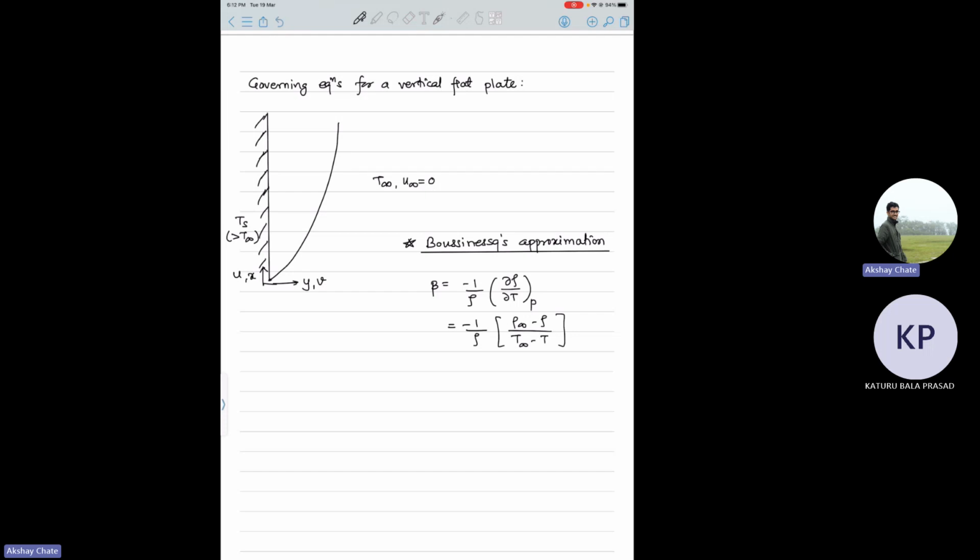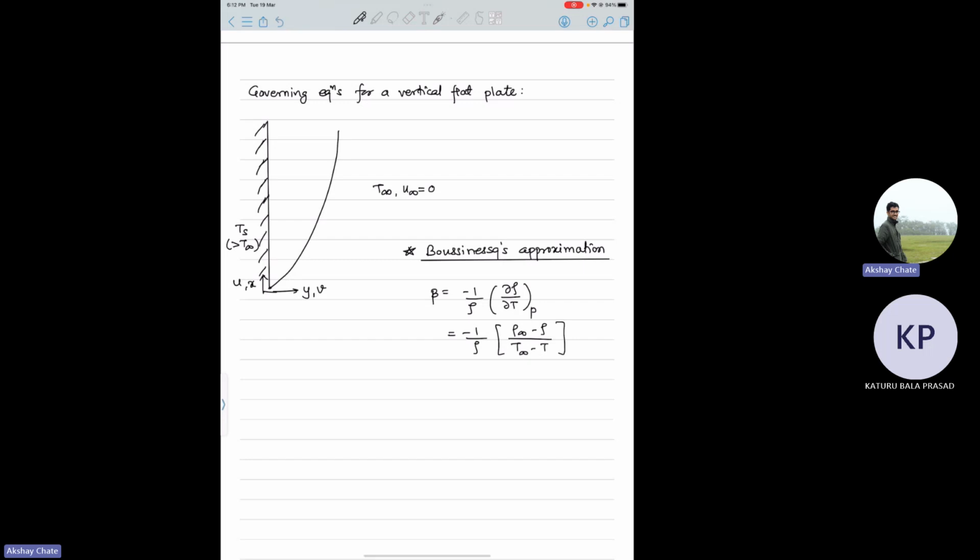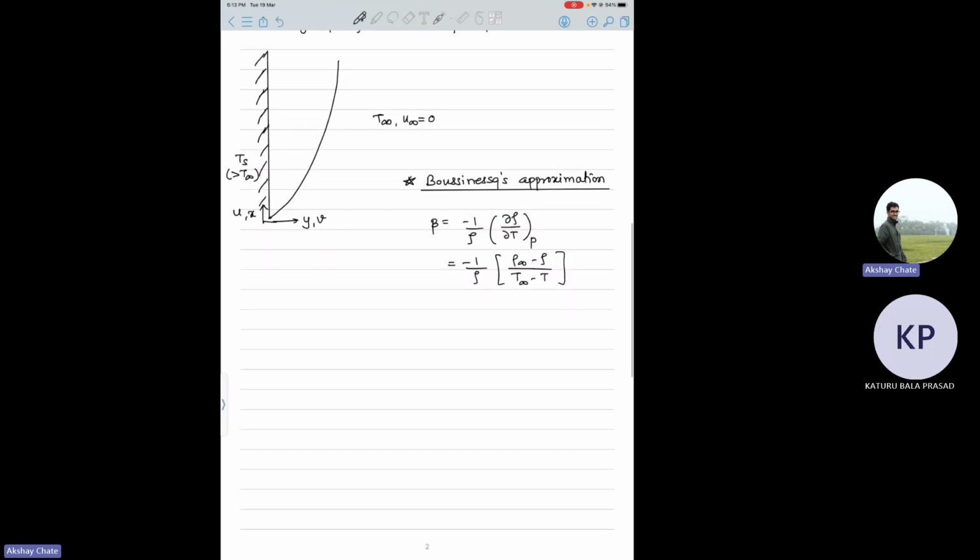But the Boussinesq approximation, essentially what it does, what I mean is, in this Boussinesq approximation, they assume this thing also.